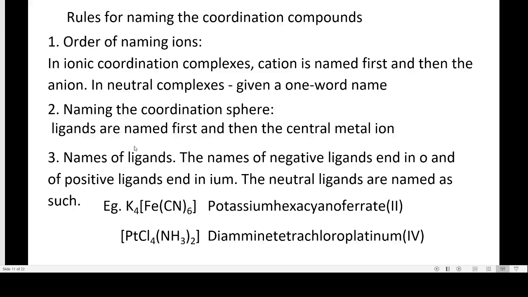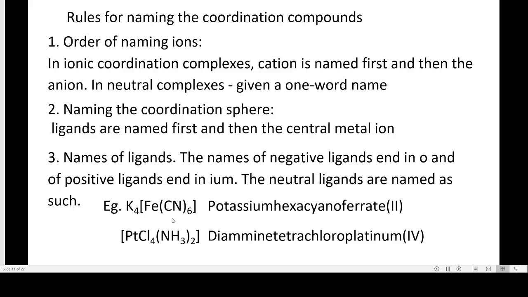In the coordination sphere, ligands are named first and then the central metal ion. The third rule is names of ligands. In case of negative ligands, the name ends with O, and in case of positive ligands, it ends in IUM. The neutral ligands are named as such.